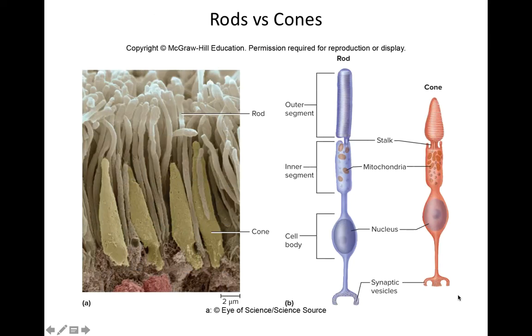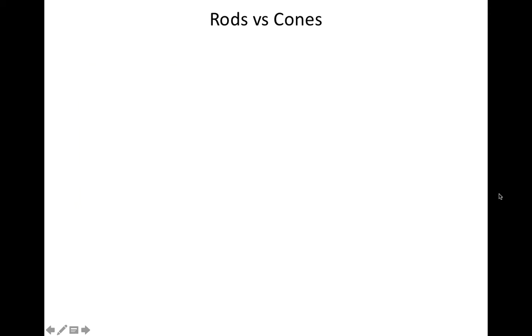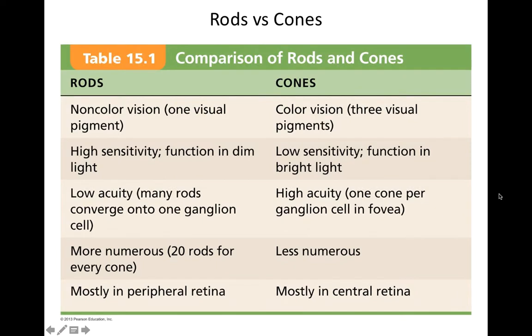Let's talk about the rods and the cones here. So here you can see a SEM shot of them, which is really kind of cool. And here you can kind of view the fact that they are, in fact, different. So let's talk about their functional differences.